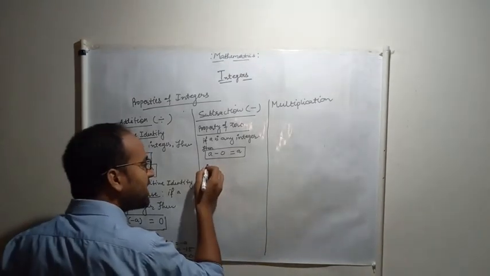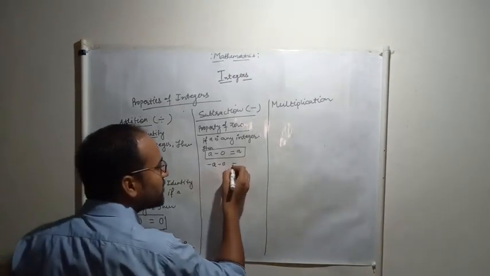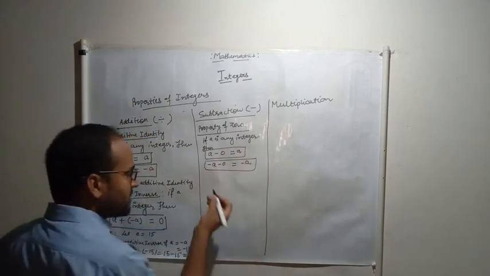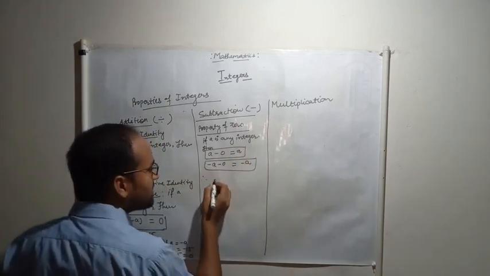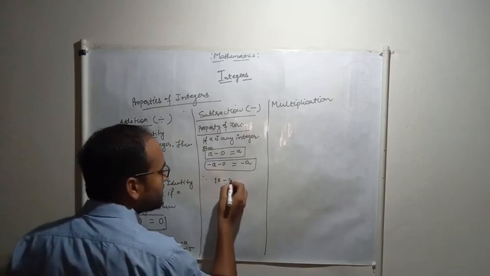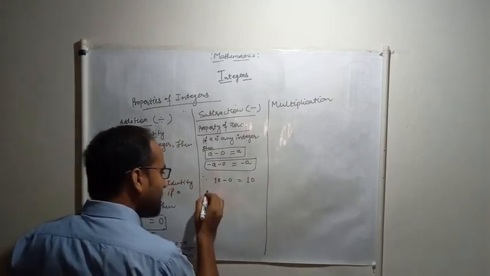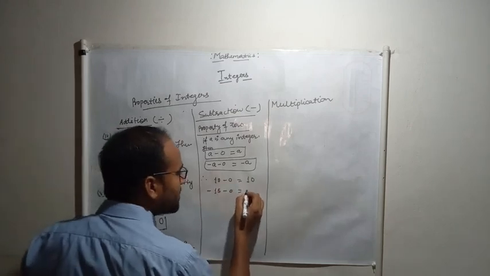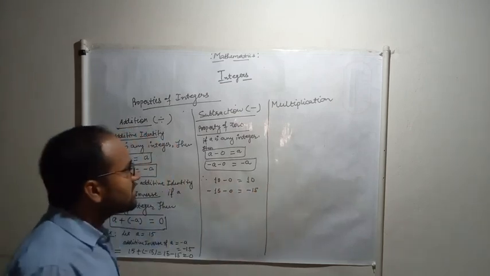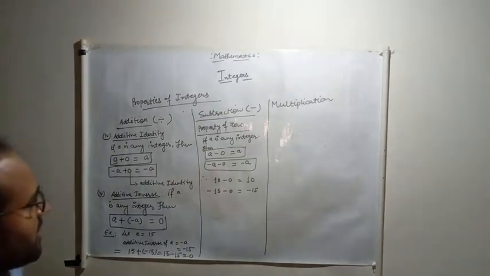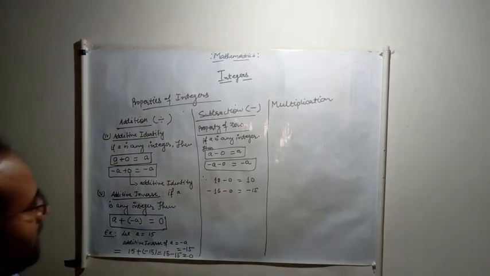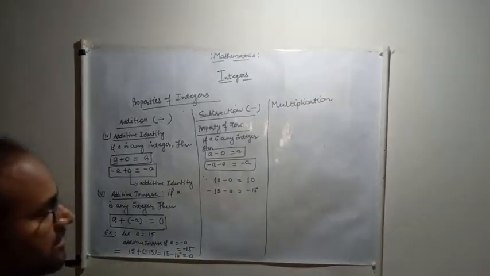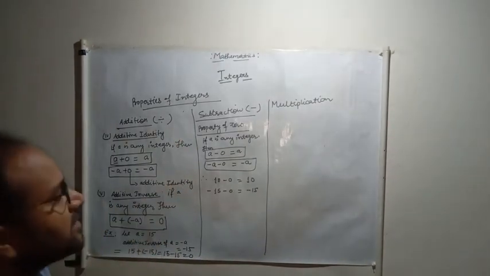Similarly, for minus a, if you subtract 0 from it, in this case also you get minus a. For example, 10 minus 0 you get 10, minus 15 minus 0 you get minus 15. So it is a special property related to subtraction, and it is very useful when you are doing exercises, students.